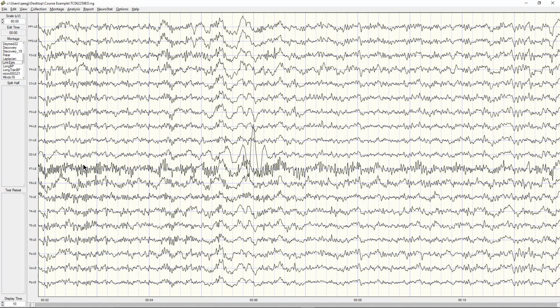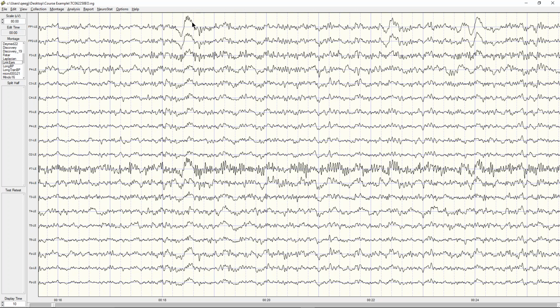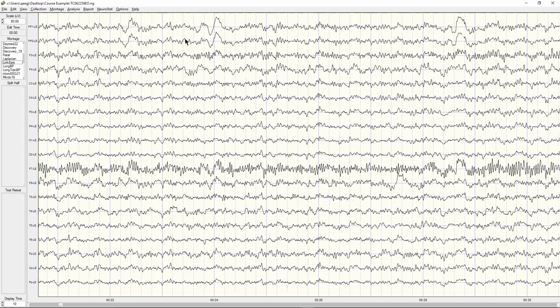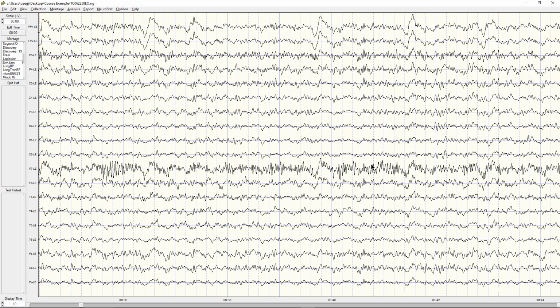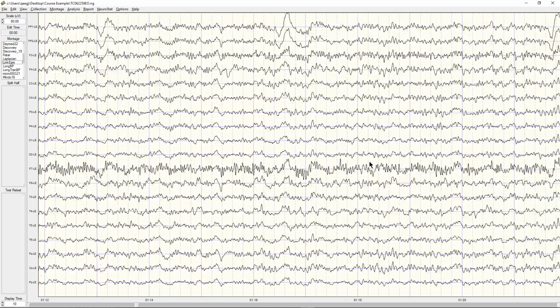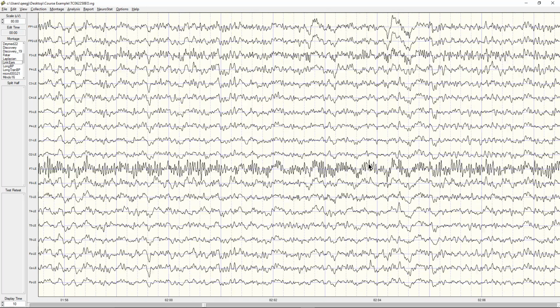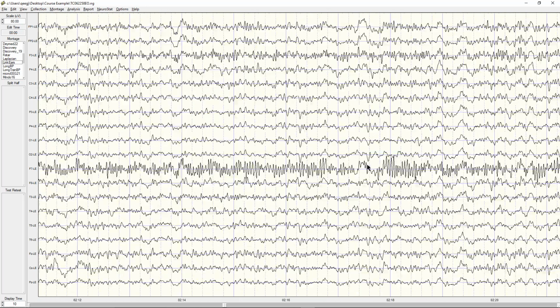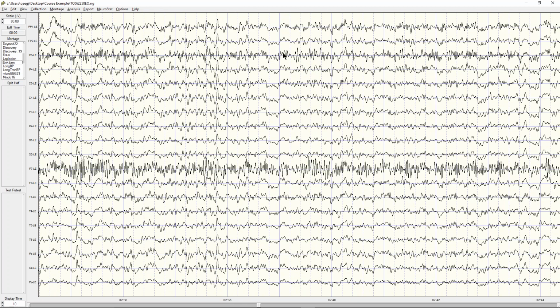So here we've got some muscle artifact in the forehead. We've got muscle artifact in these frontal sensors and in these lateral frontal sensors at F7 on the left side. And that persists pretty much throughout the recording, unfortunately, which means anything we get from this is going to be skewed by this artifact. So this isn't real EEG, this is just artifact.